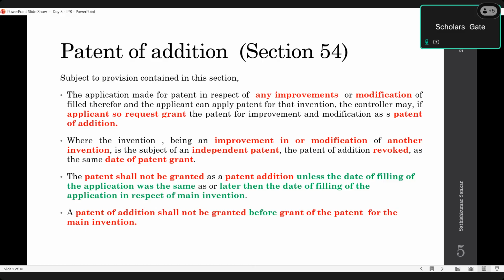Already the patent is granted, or already the patent is under process. At that time the patentee can give the request for an addition of the patent. It may be an existing method that was not disclosed, with some improvement and modification of that particular product or process, where the invention is an improvement or modification of another invention, the subject matter of an independent patent. The patent of addition is dated the same as the date of patent grant.